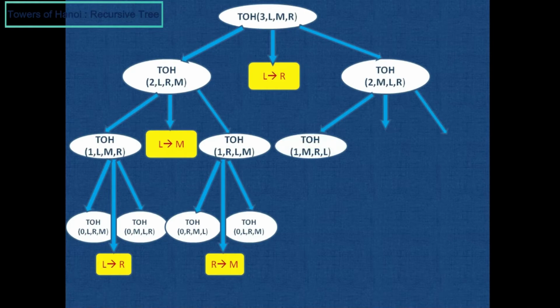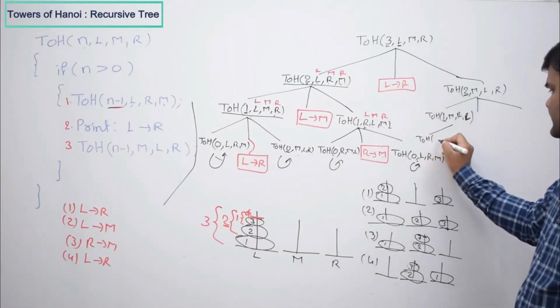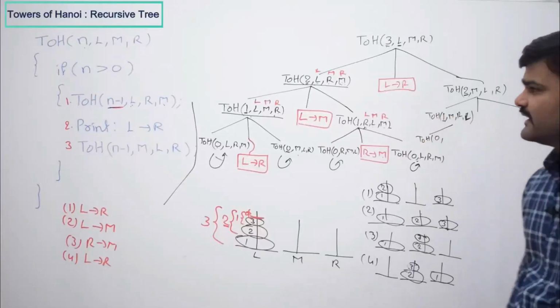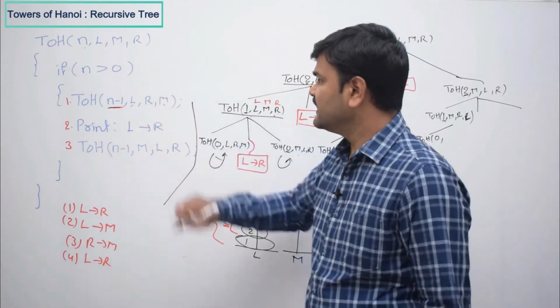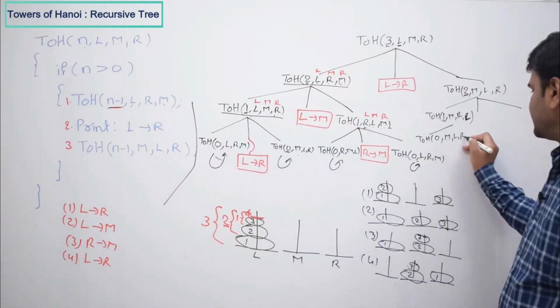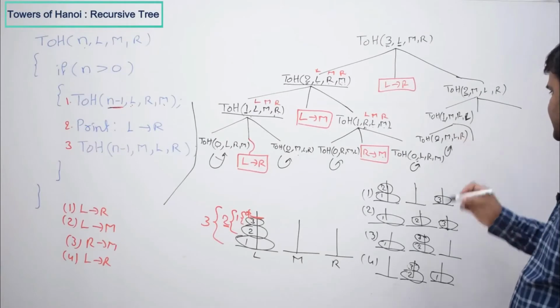Now n is 1, the condition is true, first statement Towers of Hanoi 0. If you work mechanically now, because we understand the meaning, here M L R, because n is 0, it is simply coming back. Now here the second statement.